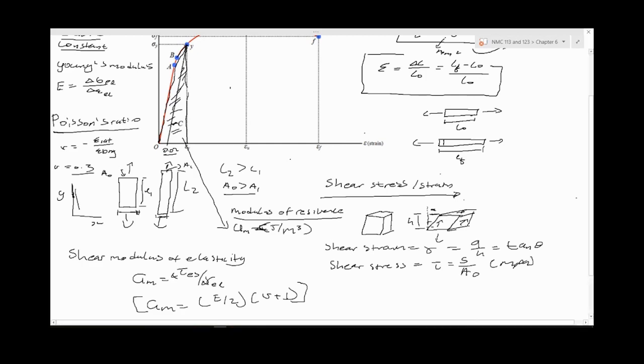And if you determine that area mathematically, I can see this is a bit clouded, but I hope you can see what's happening. You have half, your base is the elastic strain, and then you have the elastic stress. So that's basically it.